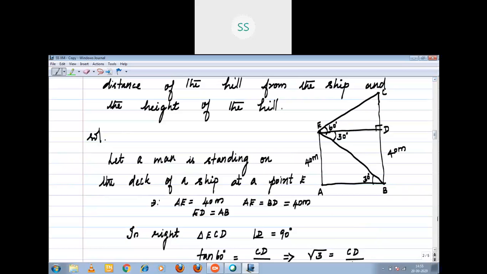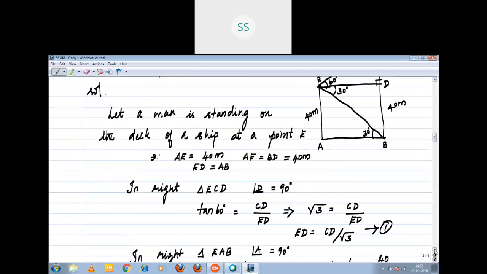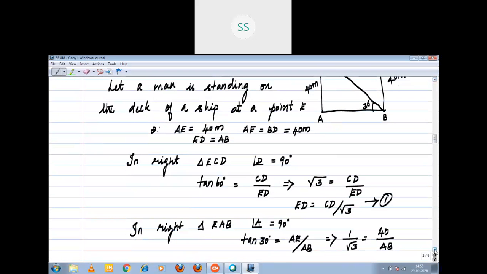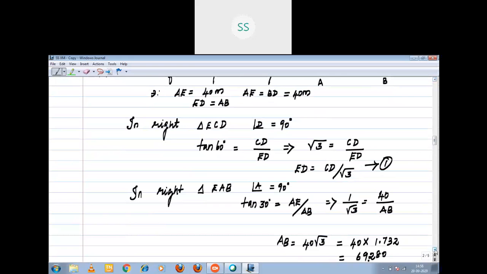Next, you are constructing a horizontal line from E to CB. It will meet at D. It acts as a perpendicular. Now, we got it as a right triangle. In right triangle ECD, angle D equal to 90 degree. Then tan 60 degree equal to CD divided by ED, which implies root 3 equal to CD divided by ED.